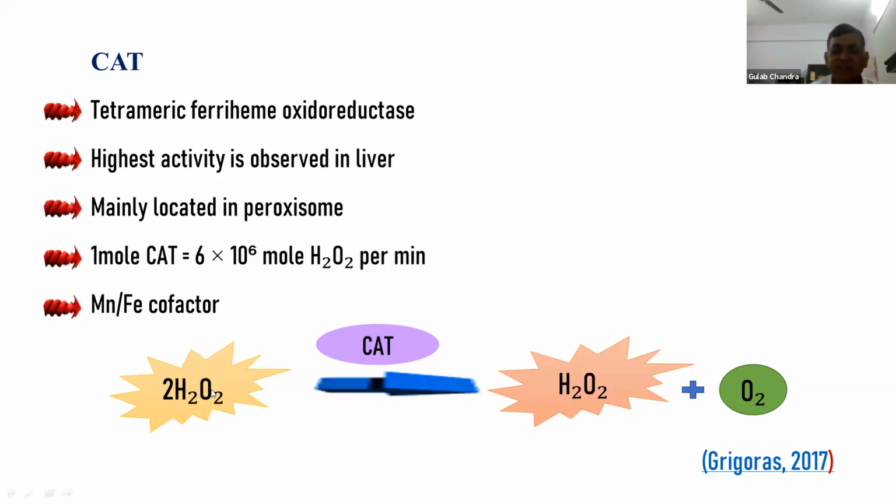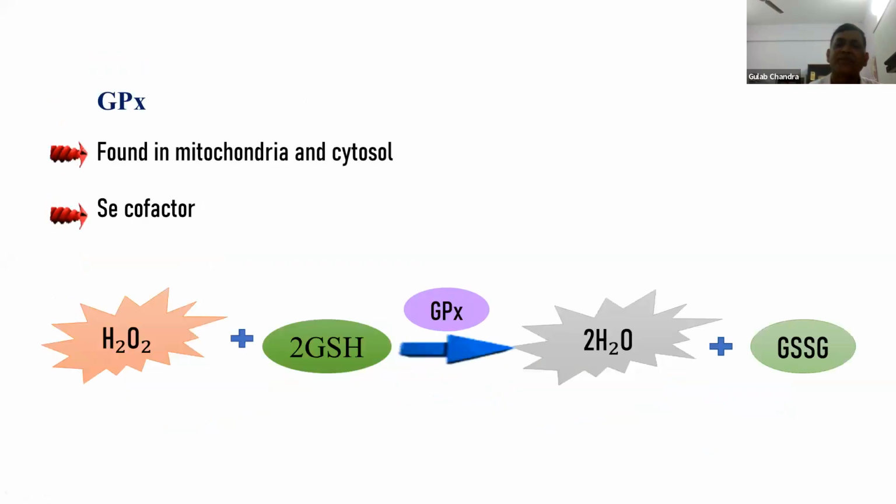Catalase changes the hydrogen peroxide that is formed from superoxide radicals in the presence of superoxide dismutase, and this hydrogen peroxide changes into water and oxygen molecules. Catalase is responsible for the conversion.